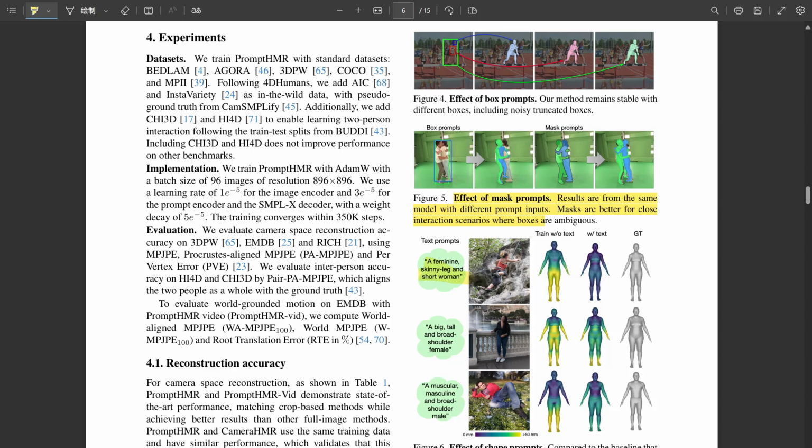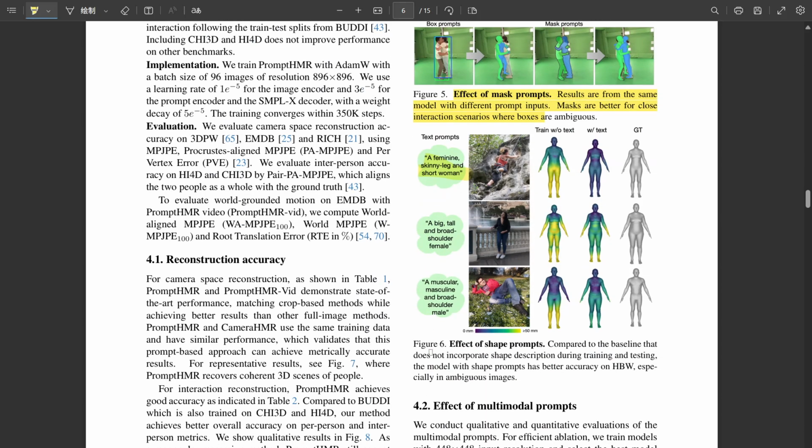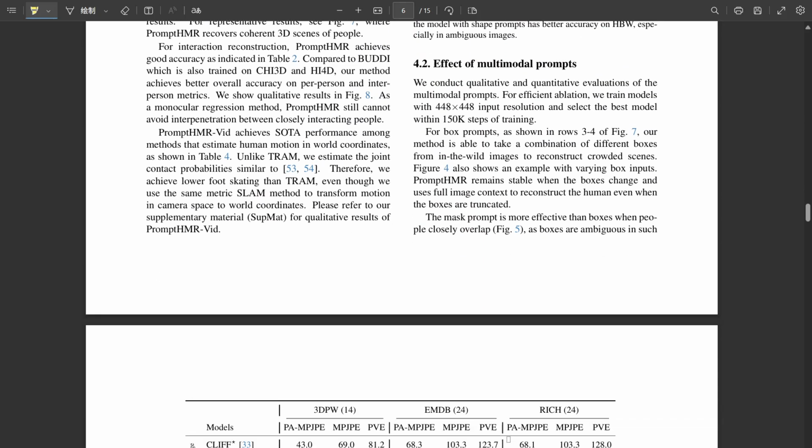By processing the full image, but also accepting spatial prompts like bounding boxes, even if they're a bit rough or only cover part of the body, it bypasses that detection failure problem that plagued the old full image methods. Okay. And then by using prompts like segmentation masks for overlap or the interaction labels for contact, it can accurately handle the really complex stuff, the occlusions, the interperson dynamics that tripped up both of the previous types of methods.